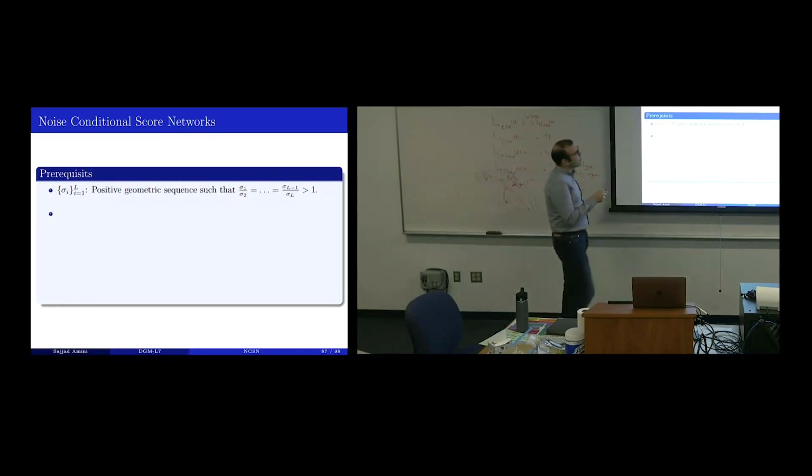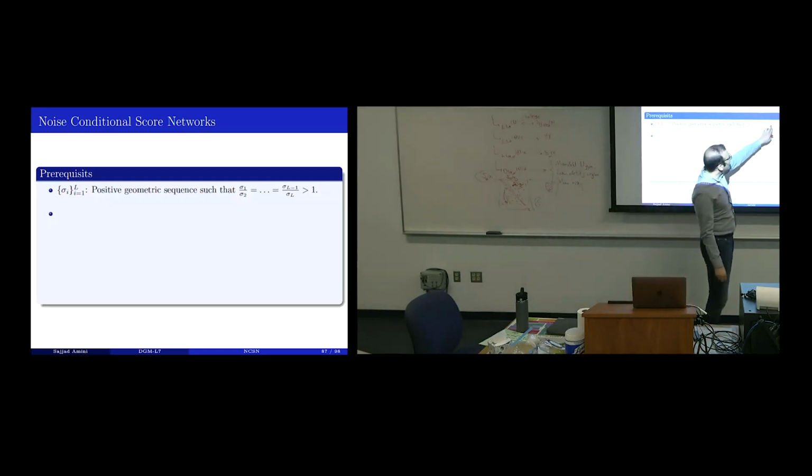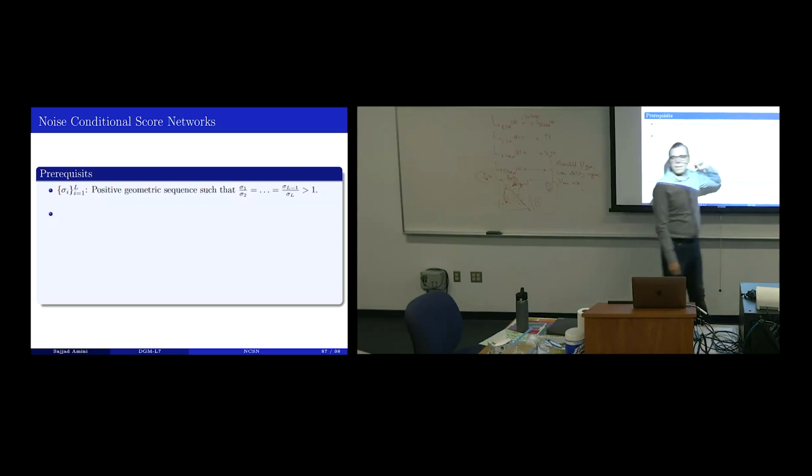We start with a family of variance values. This is a positive geometric sequence such that sigma 1 over sigma 2 equals sigma 2 over sigma 3, until sigma L minus 1 over sigma L, and all of them are greater than 1. It means that the smallest one is sigma L and the largest one is sigma 1.